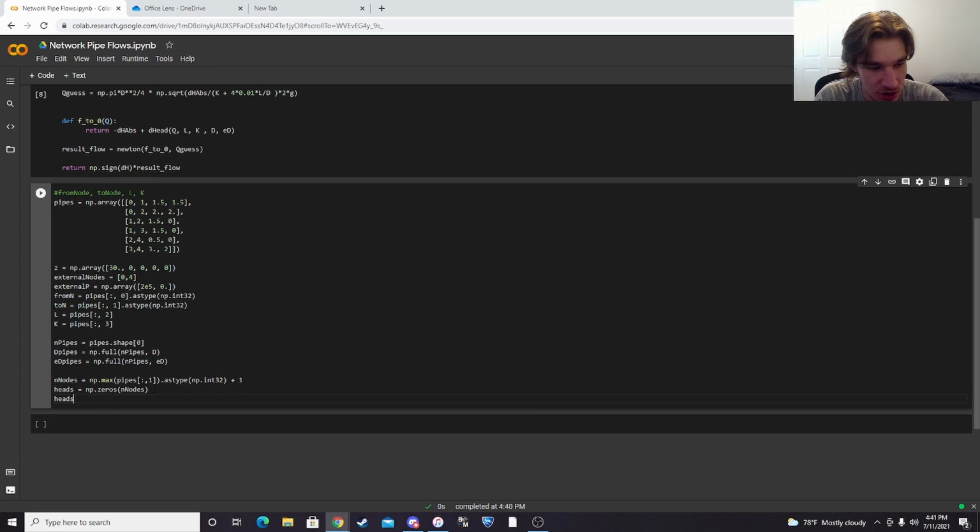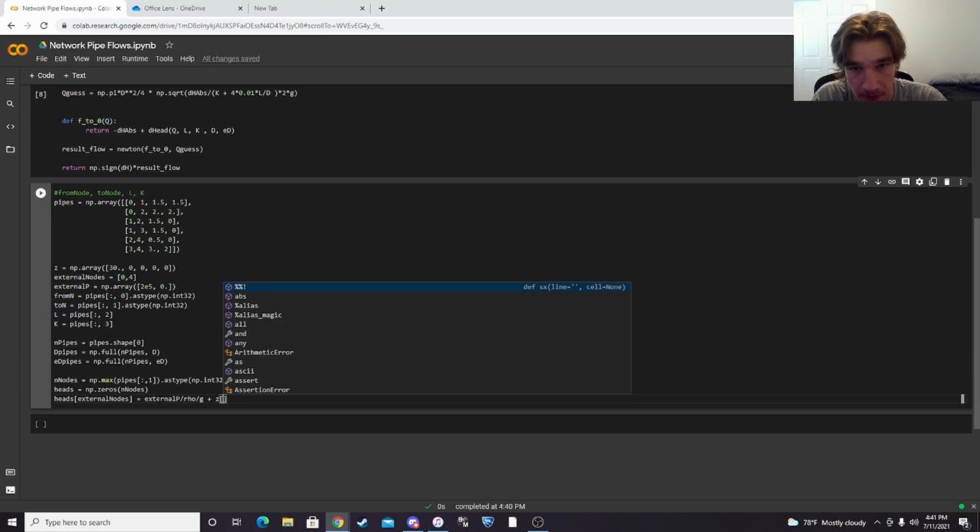And now we want to determine the heads at the external nodes. It's going to be equal to the external pressure divided by rho divided by g plus z of those, the altitude of those external nodes.